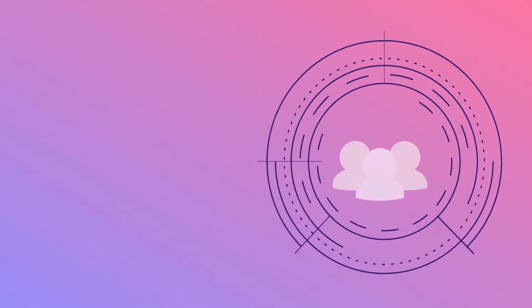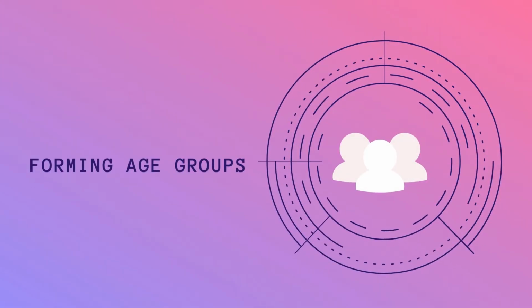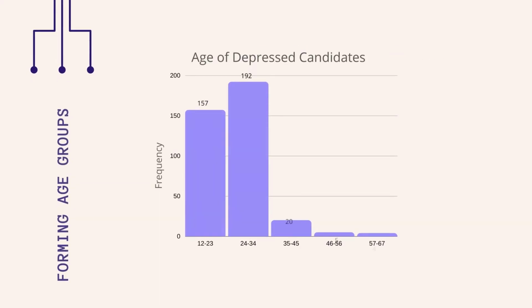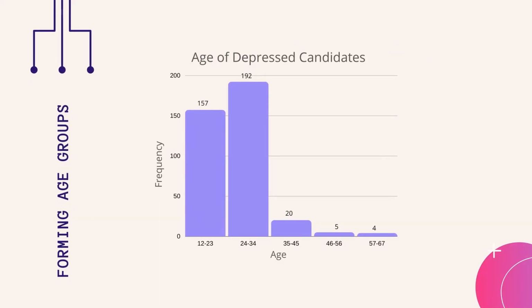Forming age groups. Our dataset contains tweets of 55.2% depressed users and 44.8% non-depressed users. We divided depressed users into 5 age groups. Age ranges selected were 12 to 23, 24 to 34, 35 to 45, 46 to 56, 57 to 67.